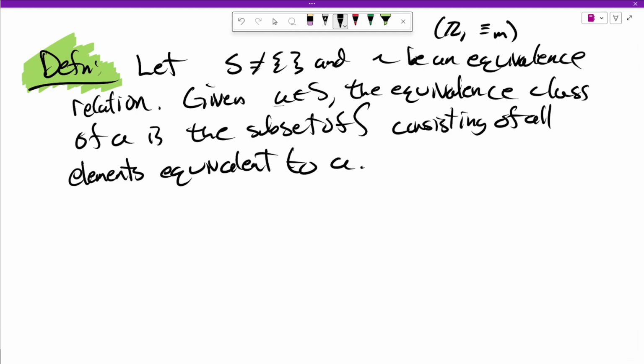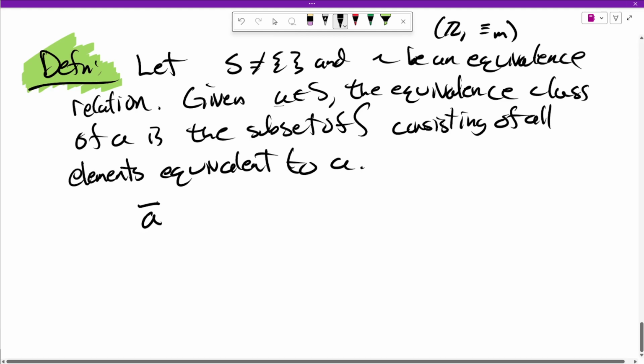Usually you'll write this as A bar, or as A in brackets. This is just notation for the equivalence class.